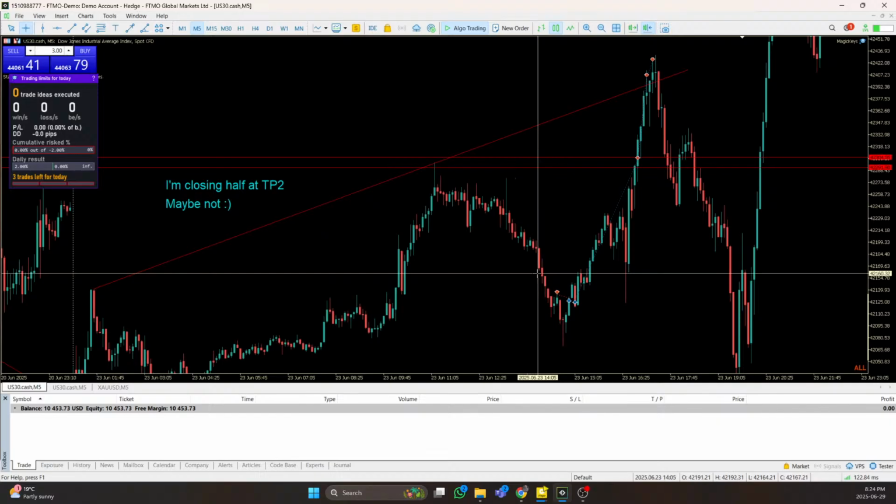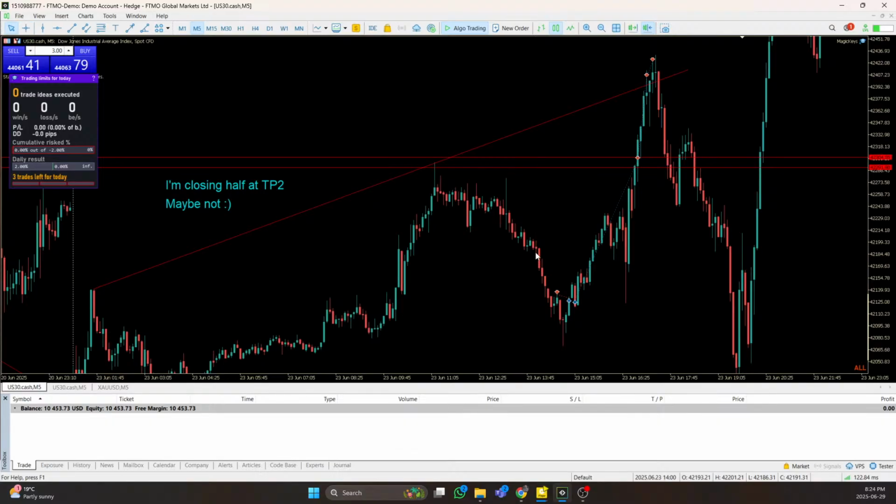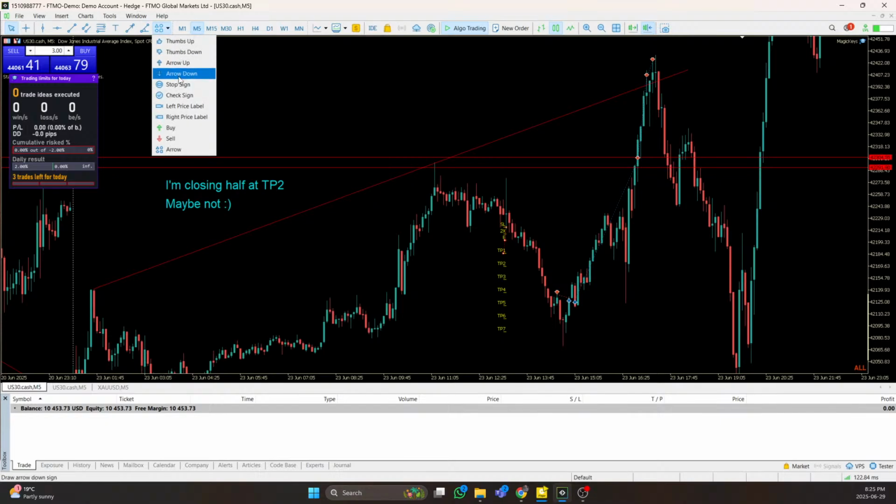This is the time I would sit down, 14, which is 7 o'clock Eastern. And there was this gap, as you can see, between these. Let me draw a rectangle.